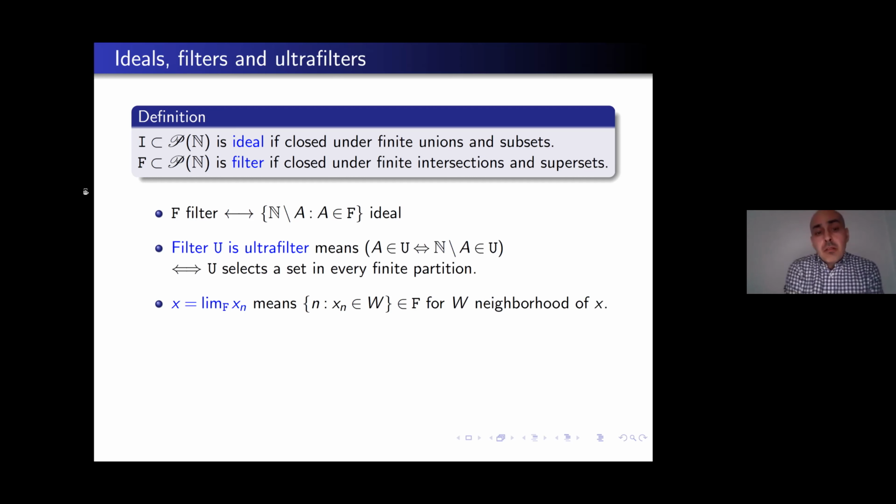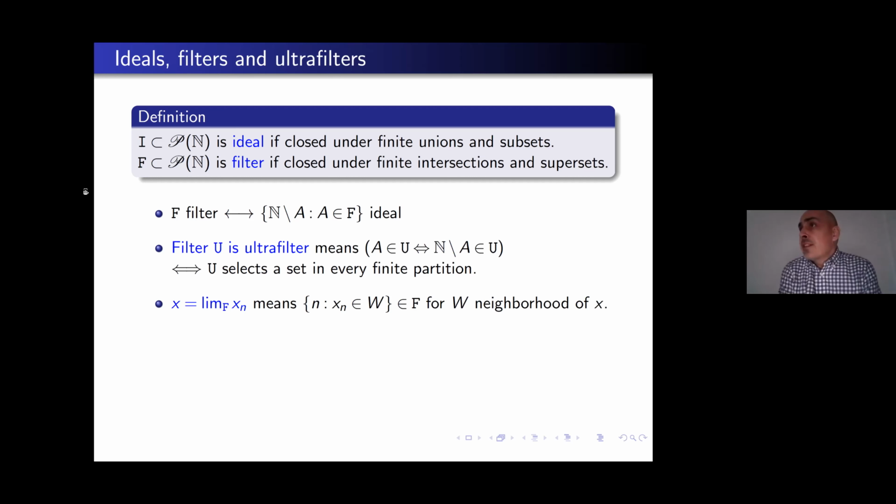If you take the filter consisting of all cofinite sets, all sets whose complement is finite, what you get is just the usual notion of convergence. So this filter notion means changing the notion of big subsequence. For the usual convergence, the big subsequences are just the tails of the sequence, and the tails are what you have to insert into the neighborhoods of x. But if I have another notion of big set, then I have another notion of convergence, convergence through a given filter.